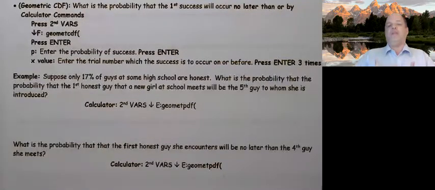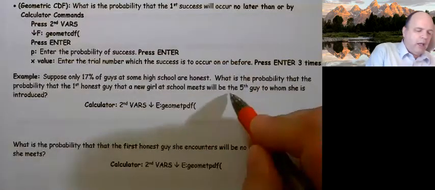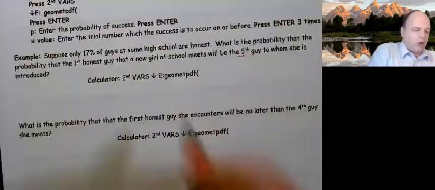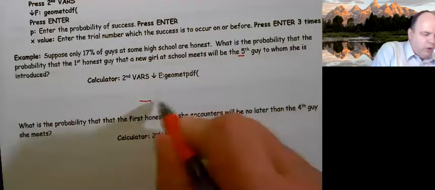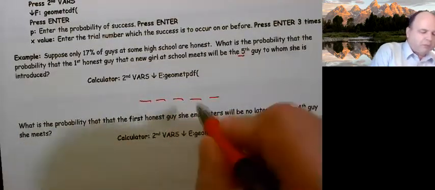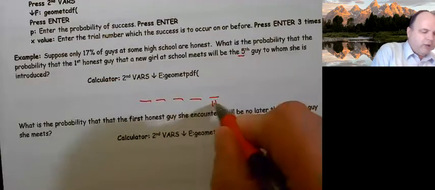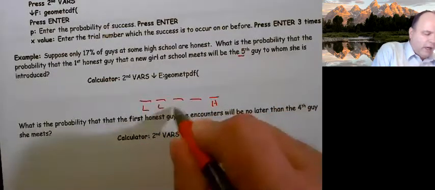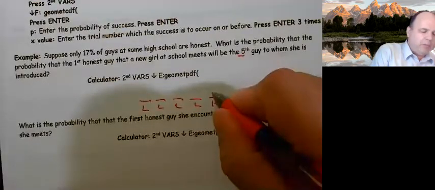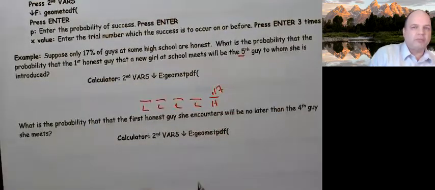Well, this is a geometric PDF because it's not any guy, it has to be the 5th guy. So if I was showing my work, I would go 1, 2, 3, 4, 5. This guy's honest. Liar, liar, liar, liar. So this is going to be 0.17.